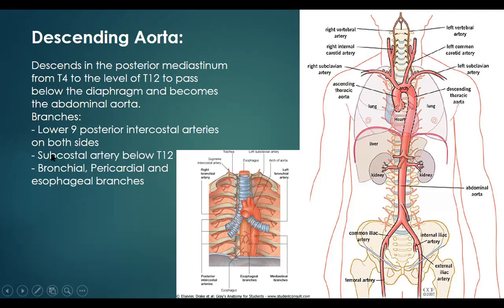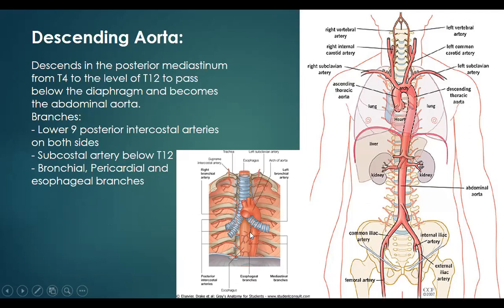Then there are branches going to the bronchi. Here are the right and left bronchus. There will be branches supplying the bronchus, which are also from the descending thoracic aorta. Then the pericardial branches, which supply the pericardium.